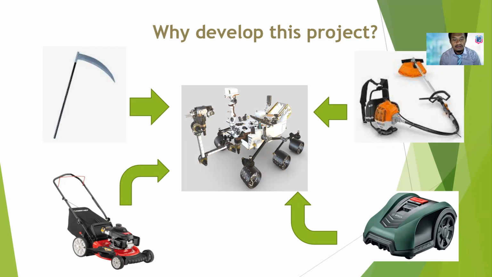By using robotic technology, it can be used to achieve complete automation in the production process. So for our project, we need to build a lawnmower that is fully automatic.